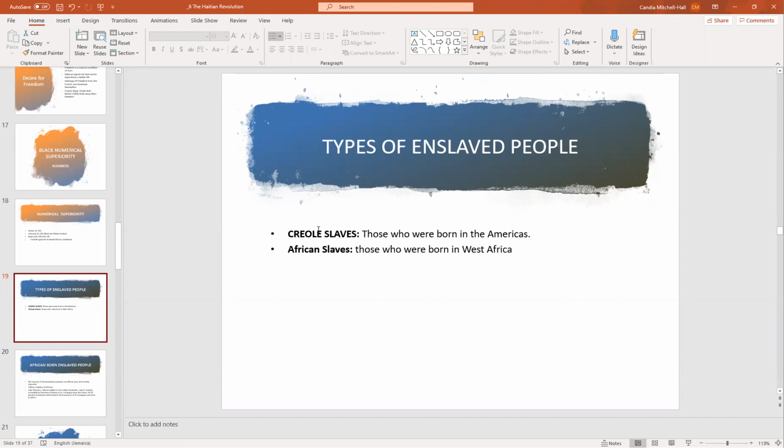If you're born in Trinidad, a Creole slave. Born in the US, a Creole slave. Born in Saint-Domingue, a Creole slave. Born in Cuba, Creole slave. Another enslaved group was the African-born slaves, those who were born in West Africa.